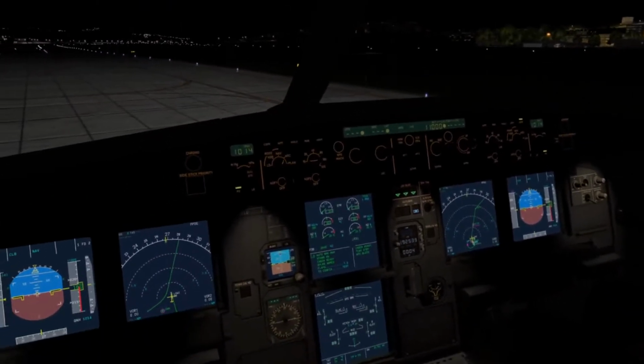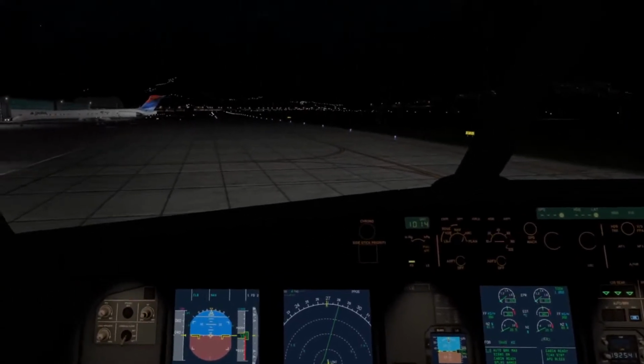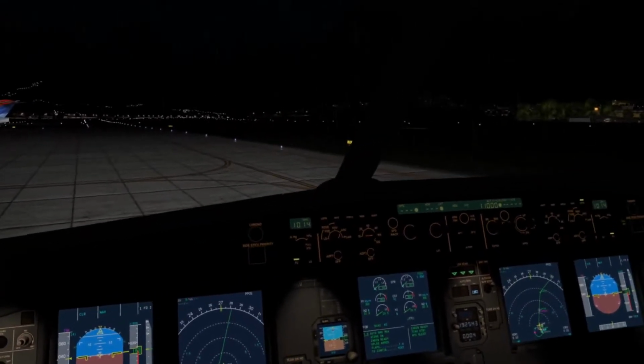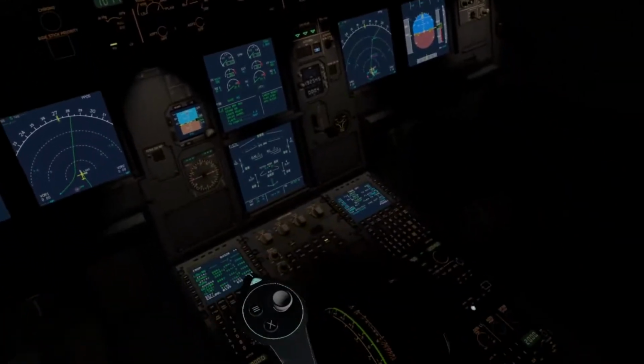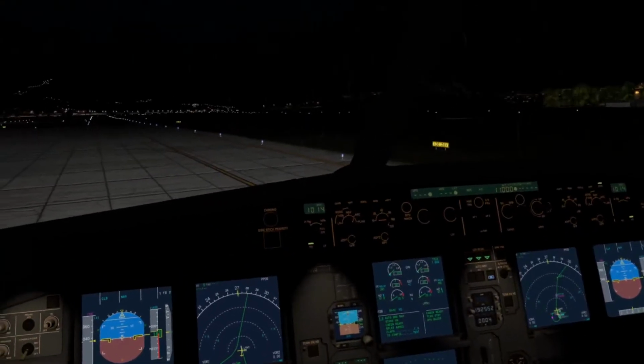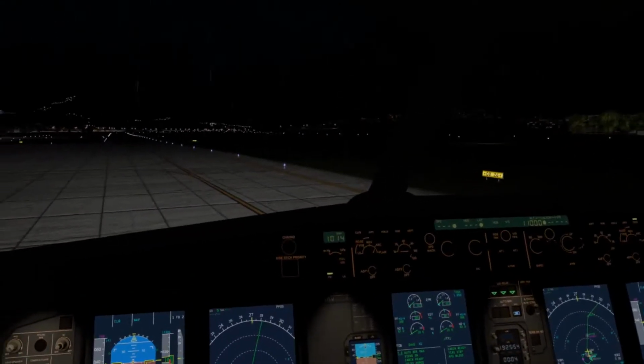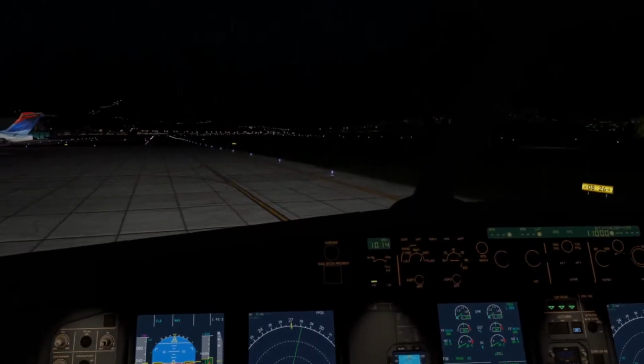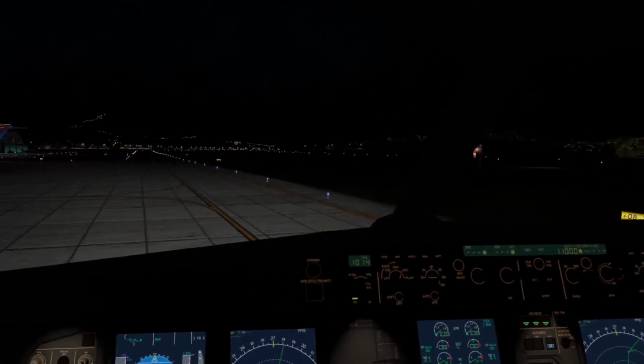Alright guys, we have done the checklist correctly. Now we're just heading towards the runway. So one thing that I wanted to mention is that there's going to be a bit of rain. It's going to look as if we're going light speed, but it's just the effect of rain.